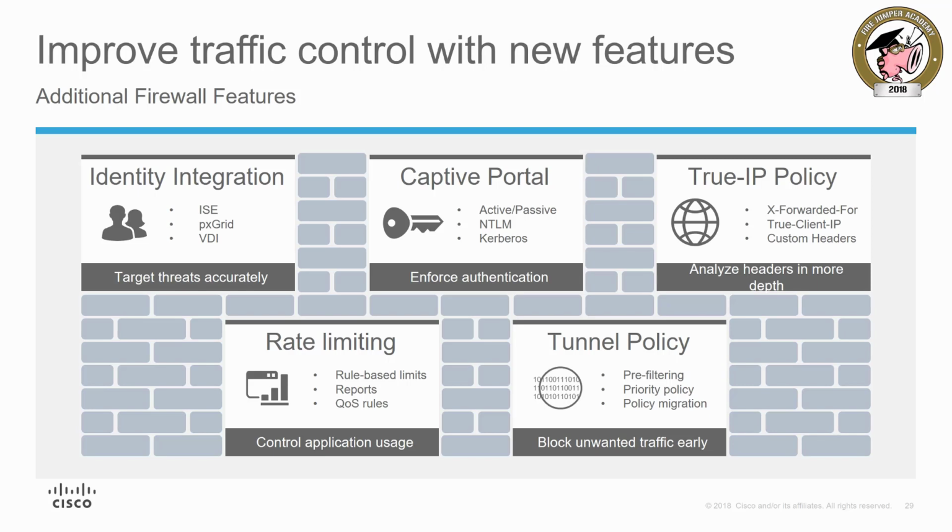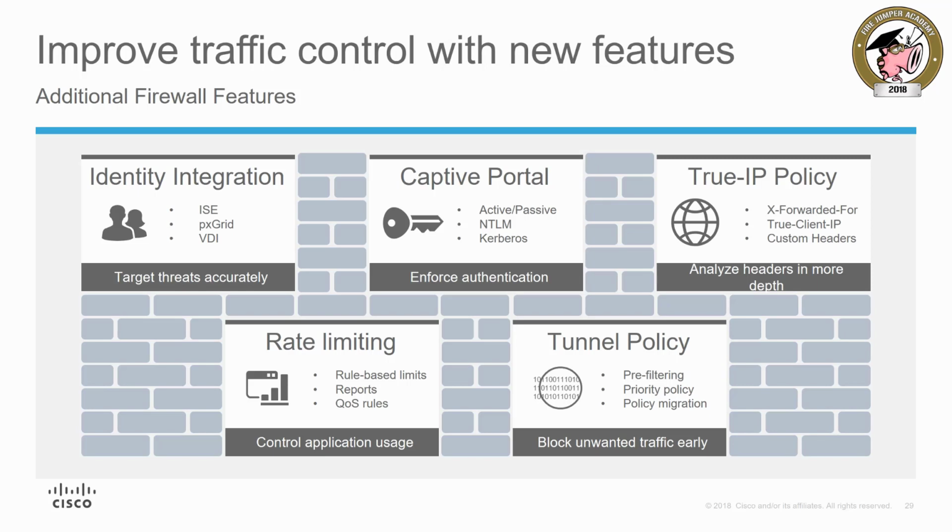This visibility and control can be extended to guests as well, with the addition of a guest button to Captive Portal. Captive Portal offers many configuration options for user authentication, including support for Windows NT LAN Manager as well as Kerberos authentication, enabling you to adapt authentication methods to your network and security needs.